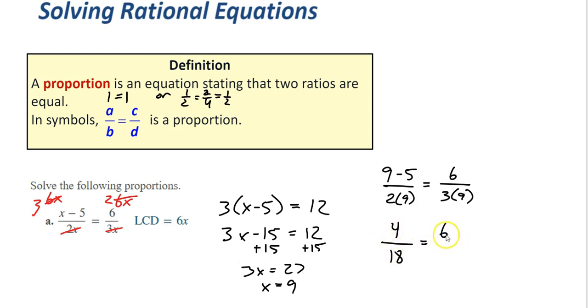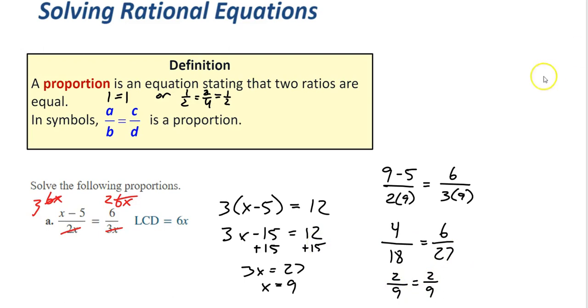That's going to equal 6 over 27. Okay, well let's look at this here. These are going to reduce down to 2 over 9. And here we get 2 over 9. So notice they both equal out to 2 over 9, 2 over 9.